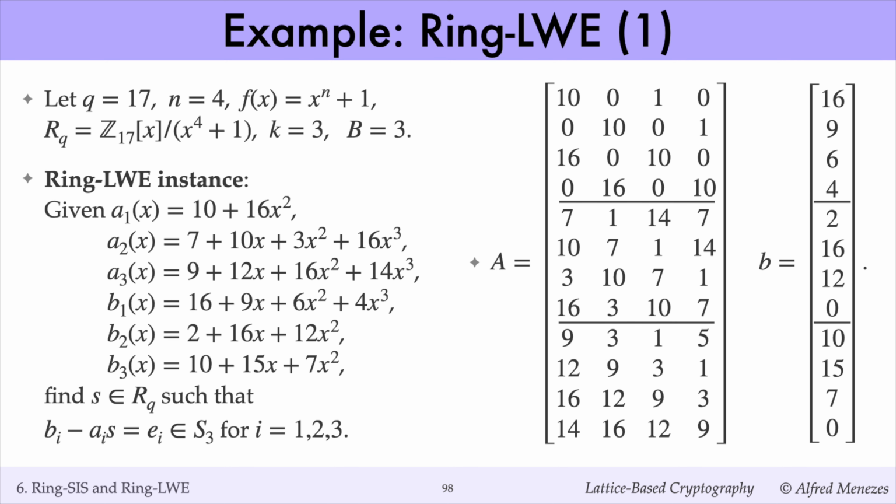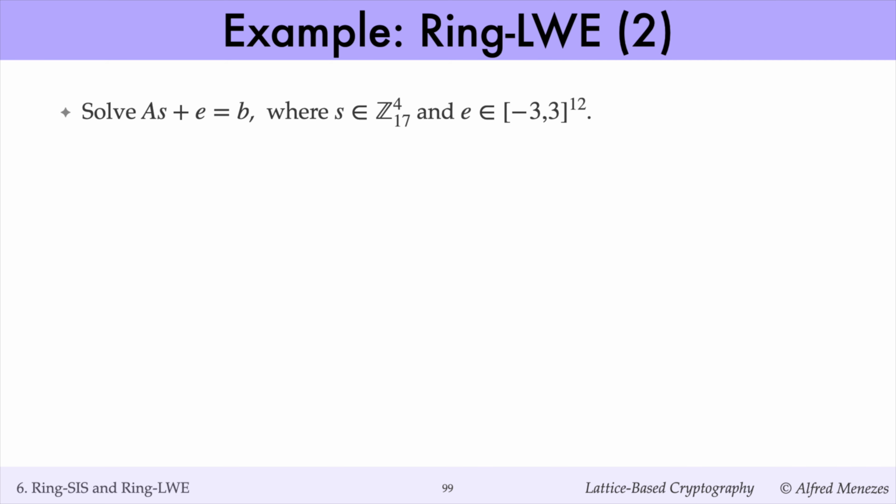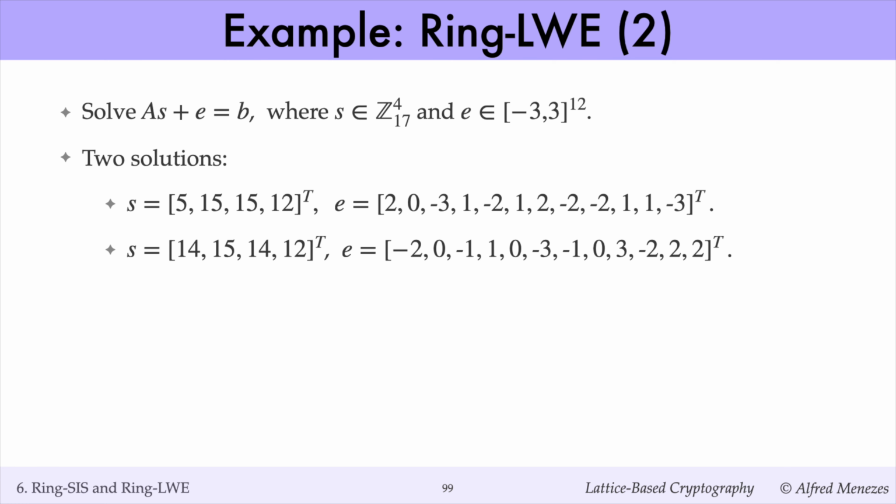Here are the matrices A and B for this Ring-LWE instance. We need to solve the equation As plus E equals B modulo Q for S and E, where the components of E must be between -3 and 3. It turns out that there are two Ring-LWE solutions shown here.